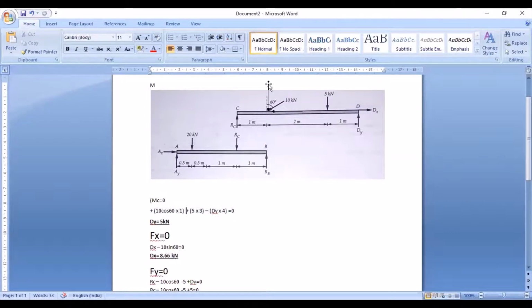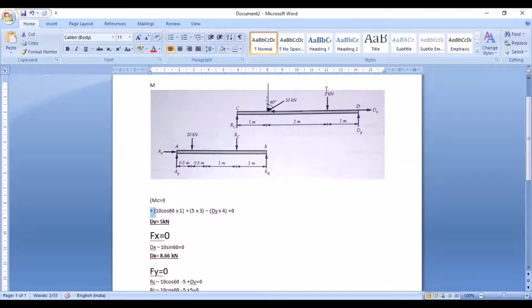The first one is the vertical component of this 10 kilonewton, which is 10 cos 60. Since the inclination is with respect to vertical, it is taken as 10 cos 60. Since the force is vertical, the distance to be multiplied is horizontal. So it is 10 cos 60 into 1, and since it is causing a clockwise movement, it is taken with the positive sign.